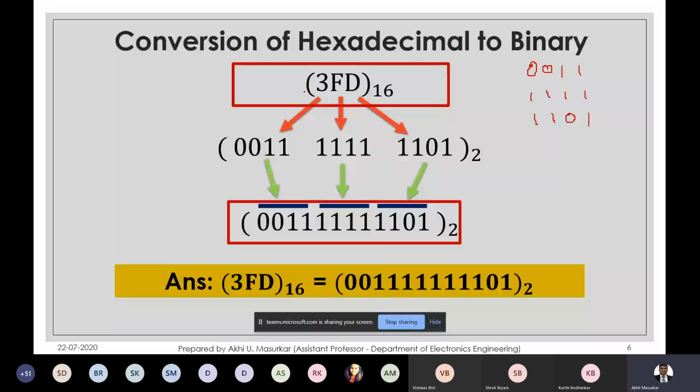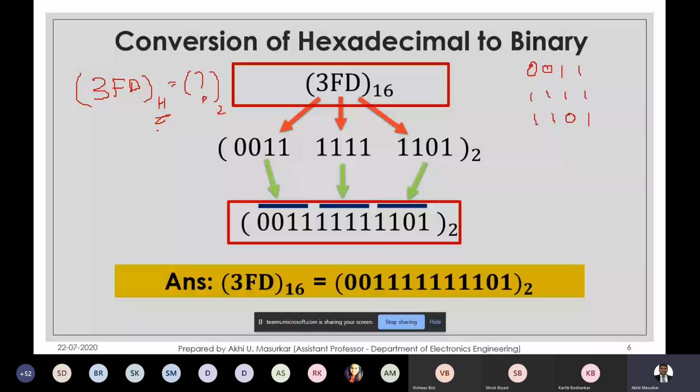So many times in the exams, they may write 16 or they may write 8. So don't get confused. In the exam, they may also give you a number like this to convert into binary. So H means 16. Okay.